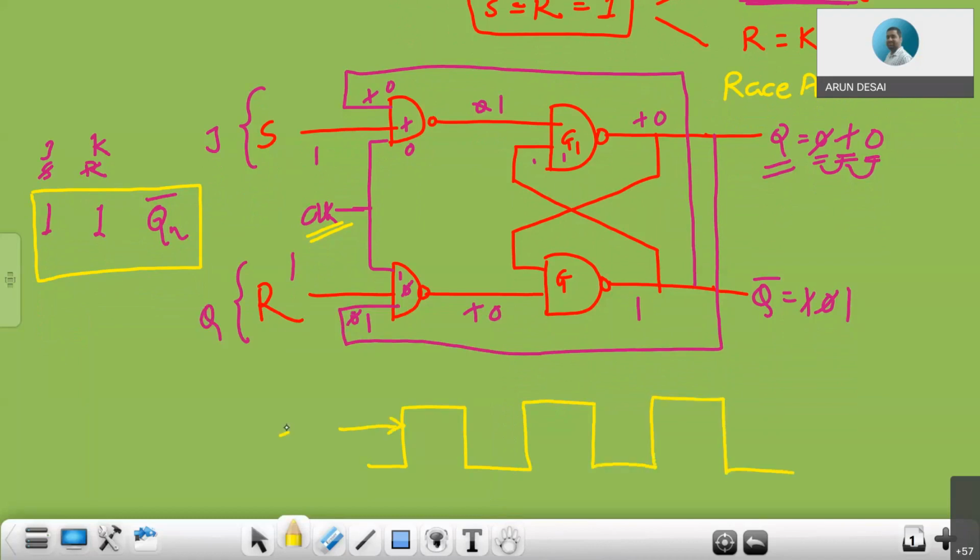This is the positive leading edge. This is the negative leading edge. The positive leading edge is from 0 to 1, or 0 to high. And the negative leading edge is from high to low, right? So this is basically a single clock pulse.